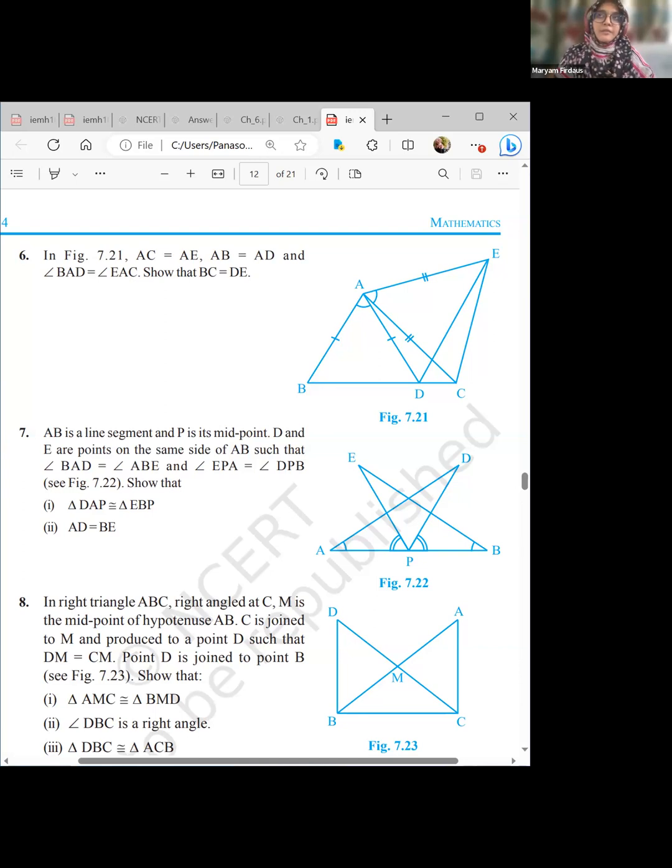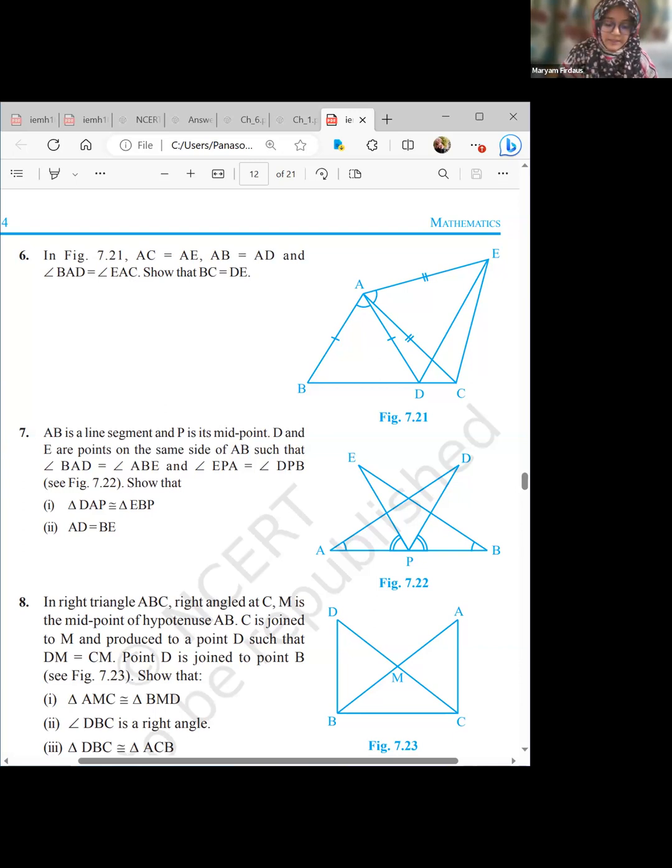What does that give? EPB. Very good. Angle EPB. So what have we shown? We have shown that this angle DPA, which is this one, is equal to angle EPB, which is this one. Angle DPA is equal to angle EPB. Okay, we have shown it from here.